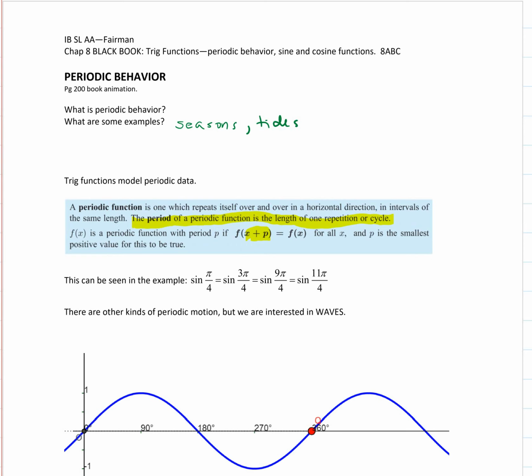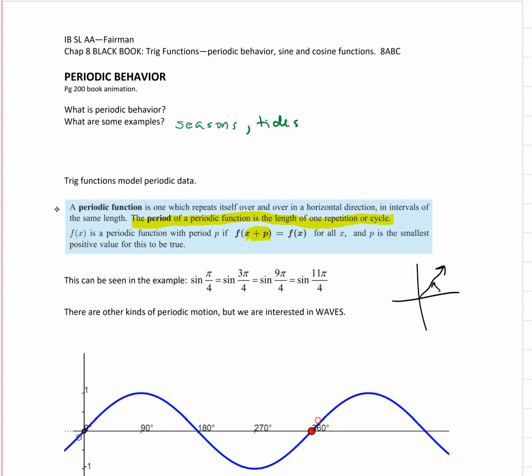Well, you guys know this because you've been looking at the unit circle, and I've been asking you to find places on the unit circle where the sine has the same value, or where the cosine of theta has the same value. And what we did was we identified where those things were happening. So if we think about the sine of pi over 4, it is here somewhere.